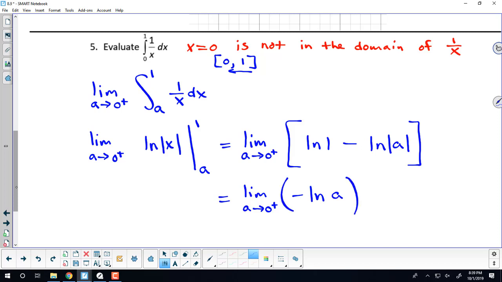So what would that limit be? Well, as a approaches 0, what does the natural log approach? Negative infinity, but we have a negative in front of that, so it's actually approaching positive infinity. Again, at this point, it's just a technicality. Infinity or negative infinity doesn't matter.